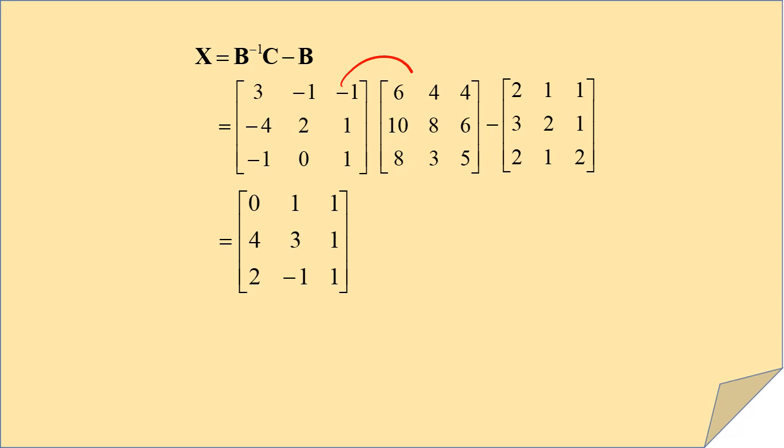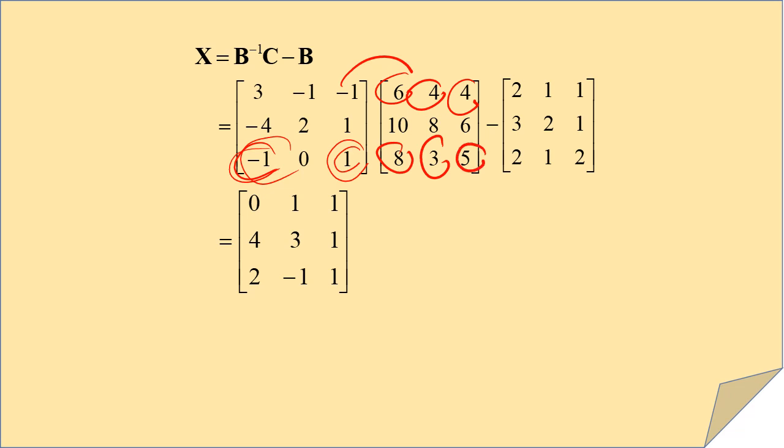And the last one, negative 1 multiplied by negative 1 plus multiplied by 6. Negative 6 plus 8 is 2. Negative 1 multiplied by 4, negative 4 plus 3 is negative 1. Negative 1 multiplied by 4 is negative 4 plus 5 is 1.